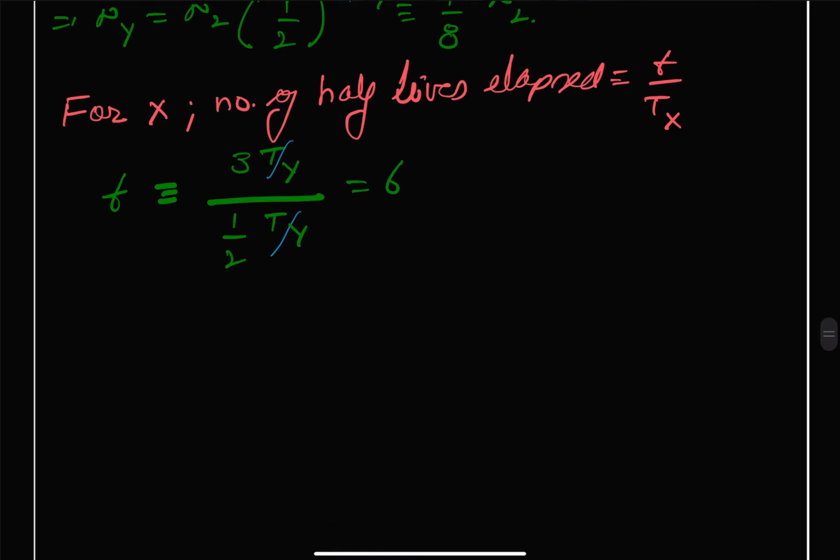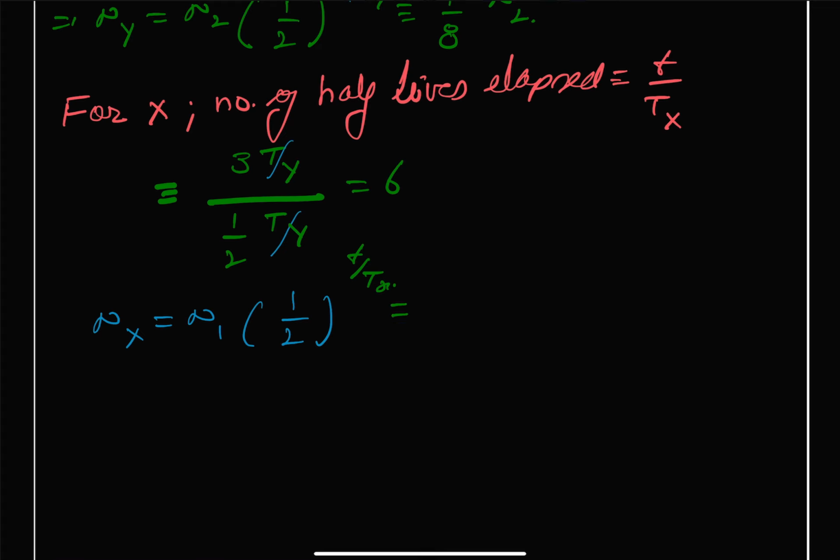So now easily we can find out our Nx. Therefore we can say Nx is equal to, initial it is called N1, into 1 by 2 raised to power t upon Tx, which we found as 6.